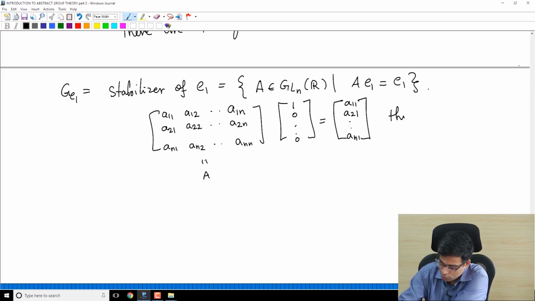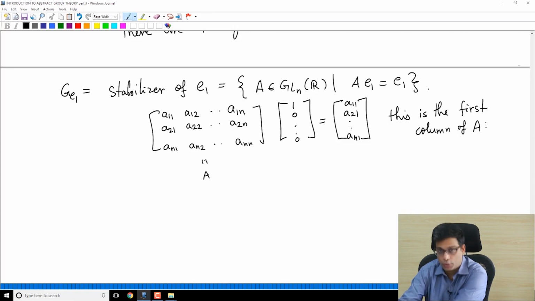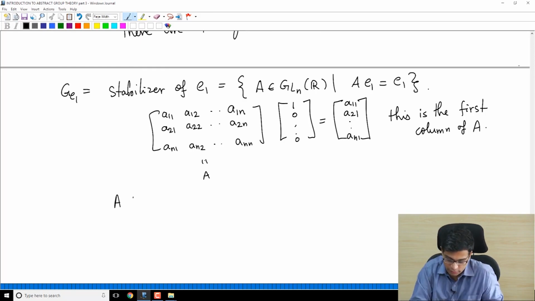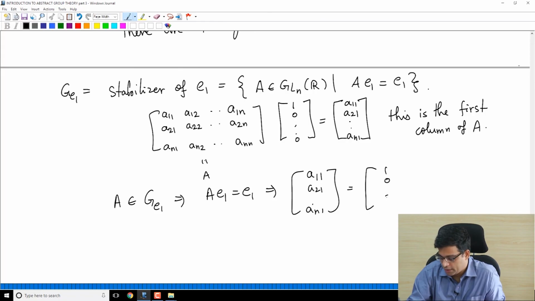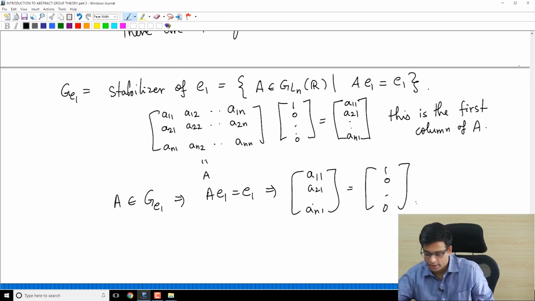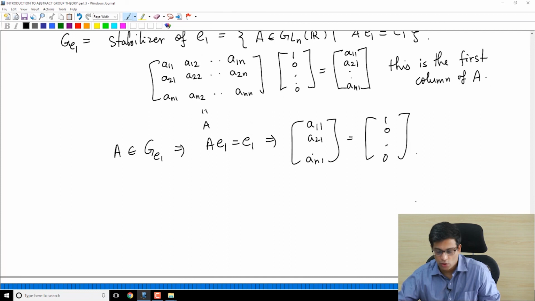So this is the first column. This is a property of matrix multiplication. When you multiply the matrix with the E1 elementary vector, you get the first column. But if A is in the stabilizer, then AE1 is E1. That means the first column of the matrix A must be 1, 0, 0, E1 itself. And there is no other condition, right?